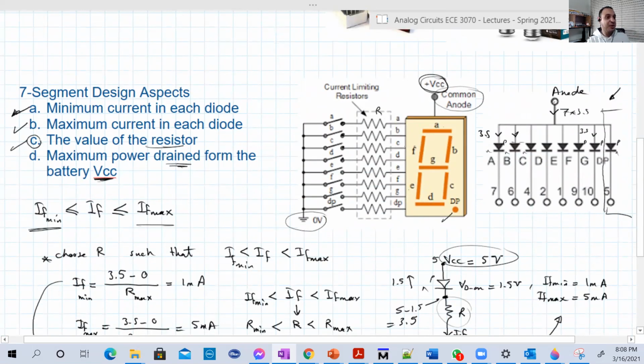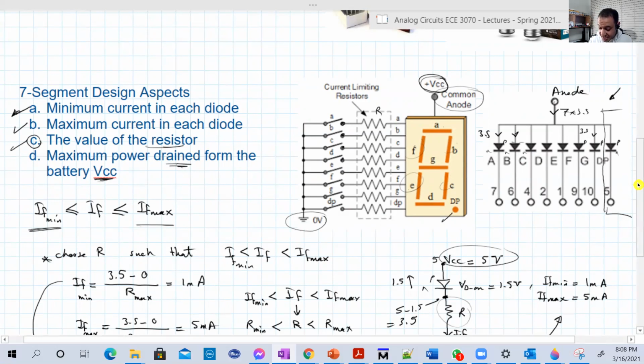But this basically will happen when you have digit one, because in digit one you have either B and C, or F and E. Either one of these sets. But basically you will have two segments lighting. So at 8 you have the maximum power drained. At digit one, not 0, you will have the minimum power. But we don't care about the minimum power. We always care about the maximum power.